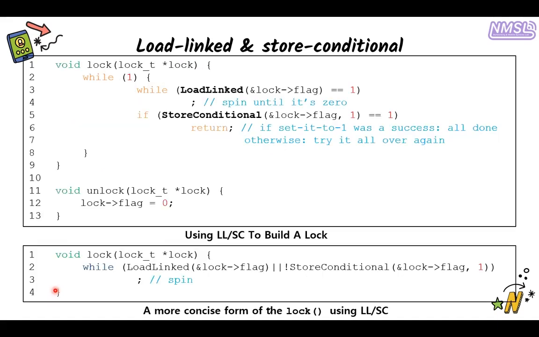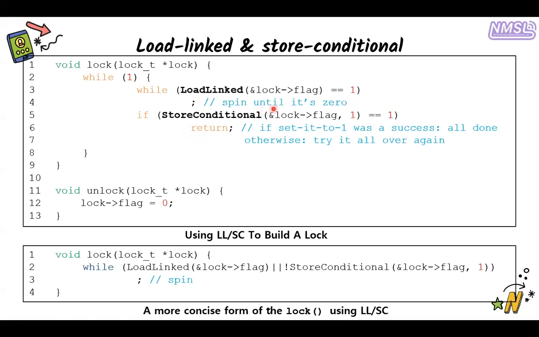So you can use that in the lock here. So while true, while load linked, basically if the flag is 1, then you spin. Now let's say this becomes 0, so now you're in the if, right?